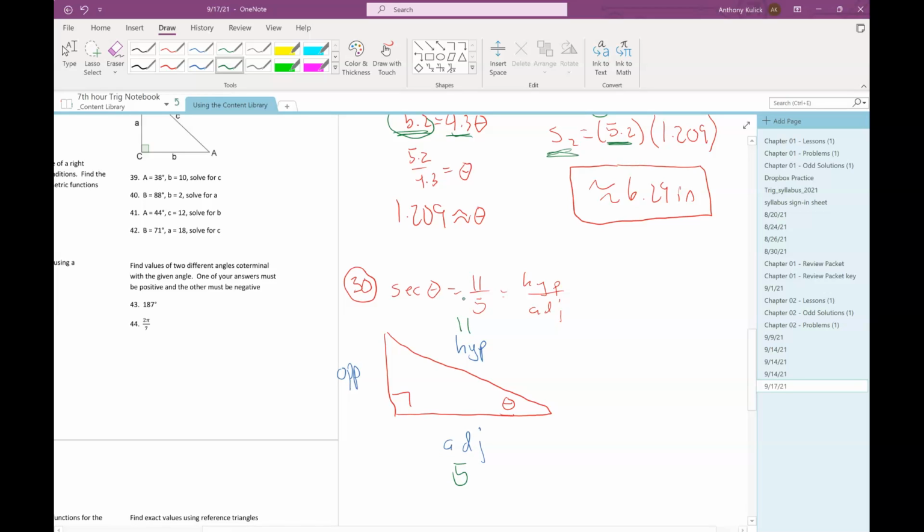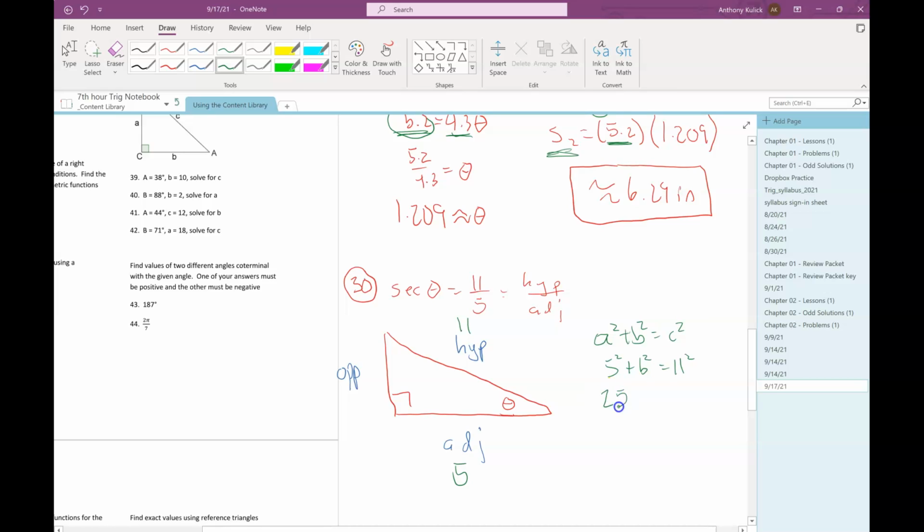Leo, are you happy with what I've done so far? Yeah. Okay. I can use the Pythagorean Theorem now to find the opposite side, since this is a right triangle. Remember the Pythagorean Theorem, the hypotenuse has to be the C. Doesn't matter which leg you call A or which leg you call B. So I'll have 5 squared plus B squared equals 11 squared.